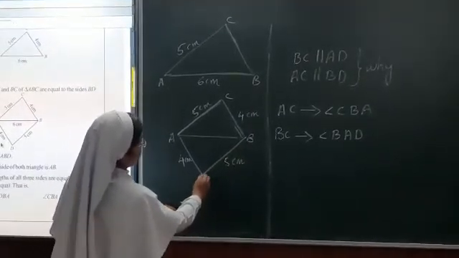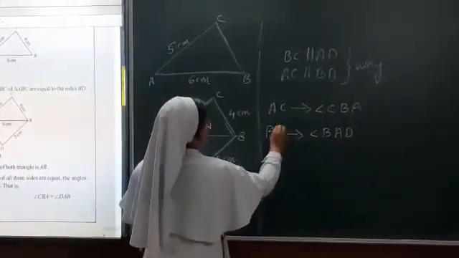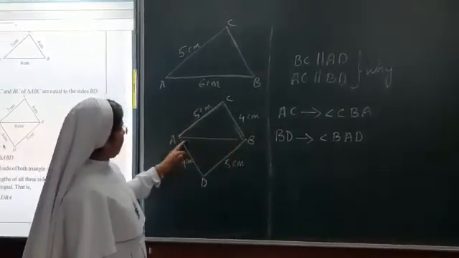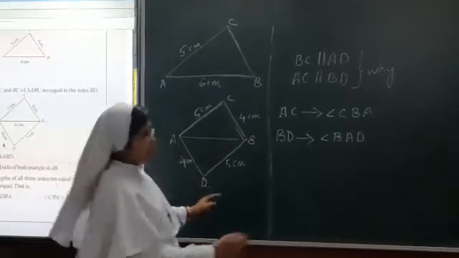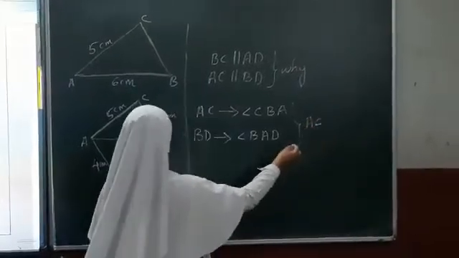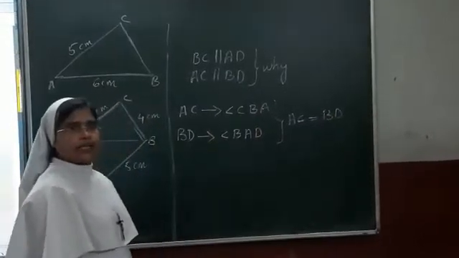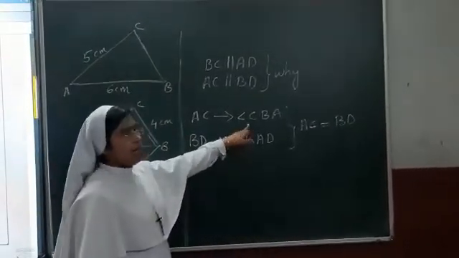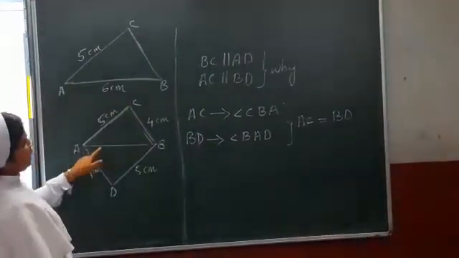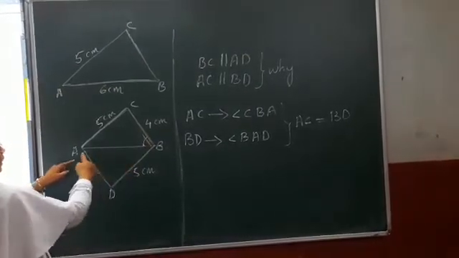BD has the opposite angle BAD, and we know that when these two sides AC and BD are equal, their opposite angles are also equal, which means angle CBA is equal to angle BAD.